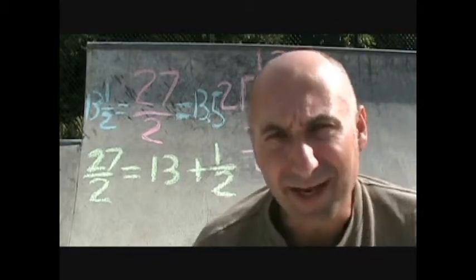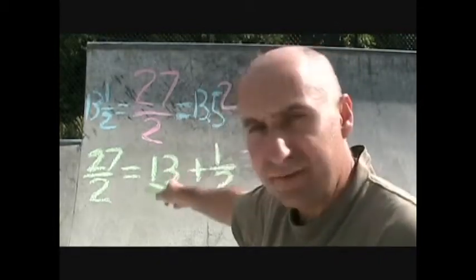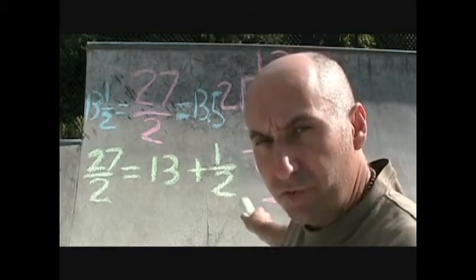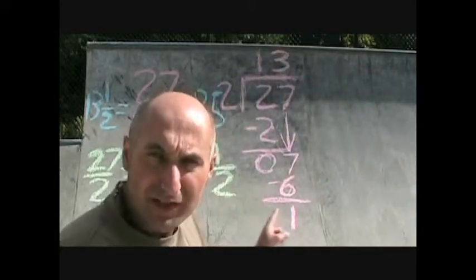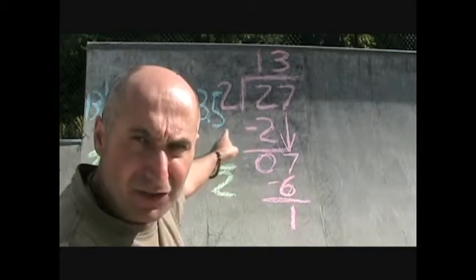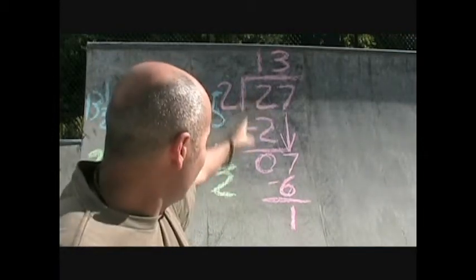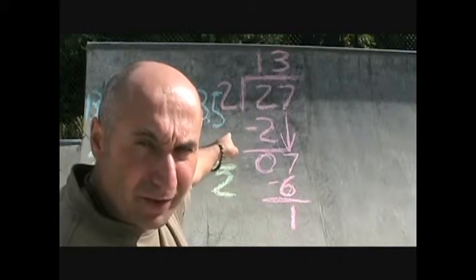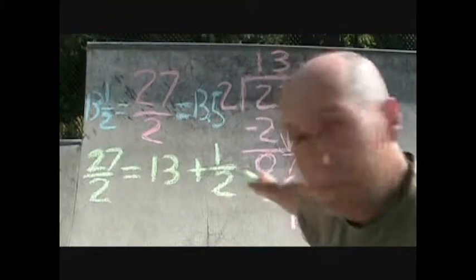So the way you could write it is 27 divided by 2 is equal to 13 plus 1 over 2, which is what we can derive from here, right? 27 divided by 2 is going to be 13 plus 1 divided by 2, your divisor.